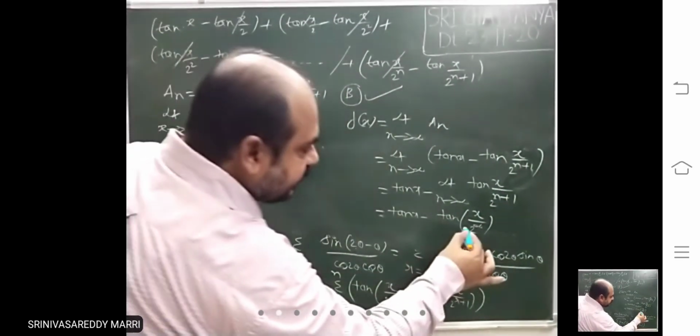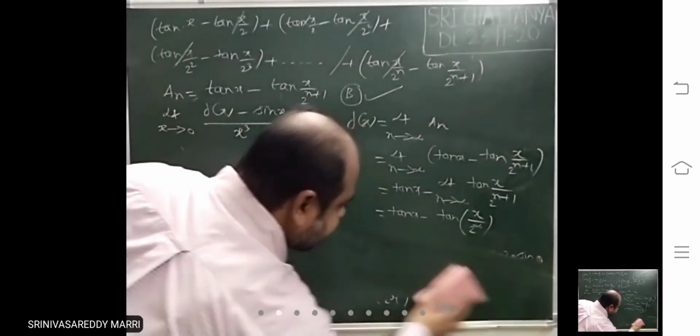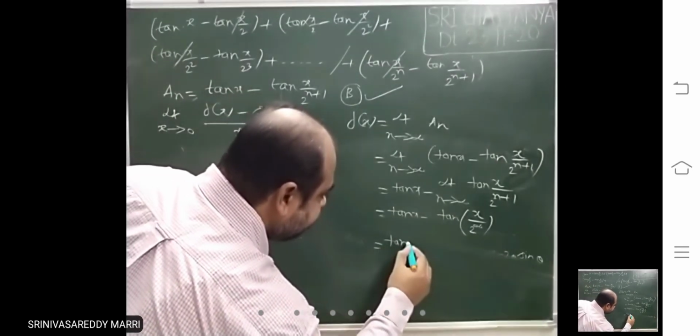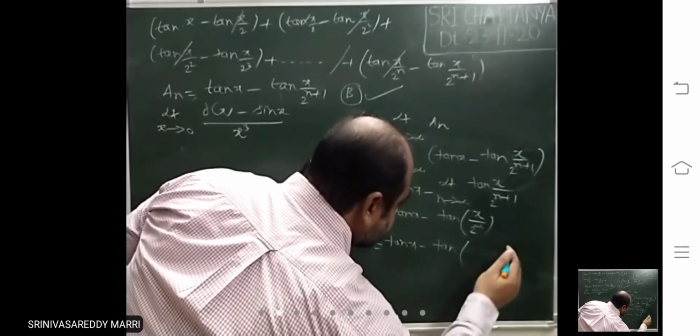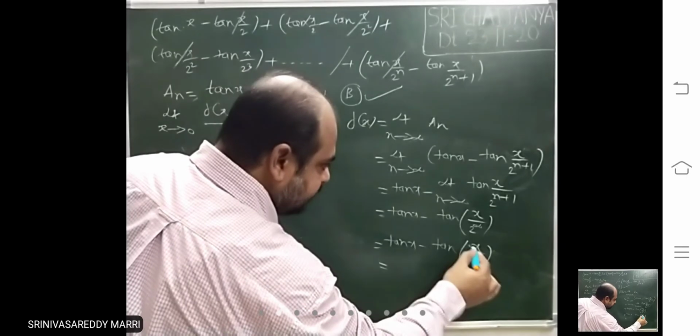Infinity. 2 power infinity means infinity, since the number is greater than 1, it will become infinity. The denominator is infinity, so tan of x by infinity, that means this is 0.